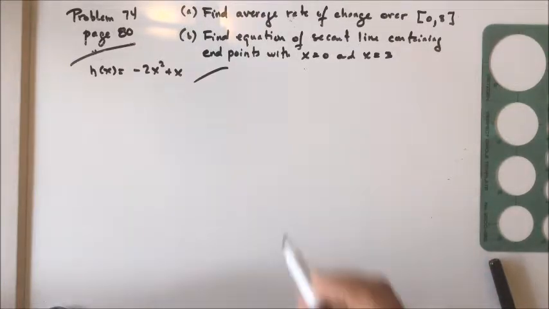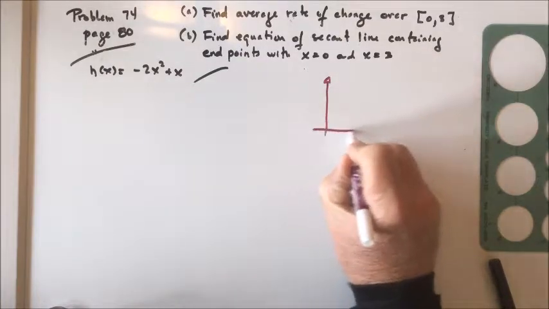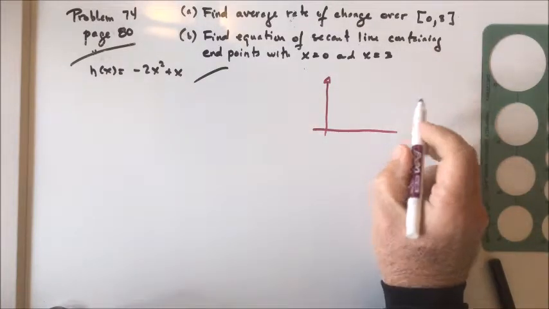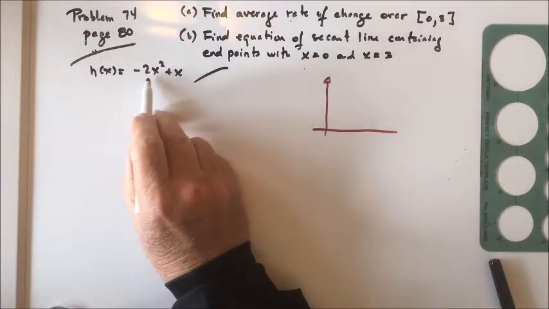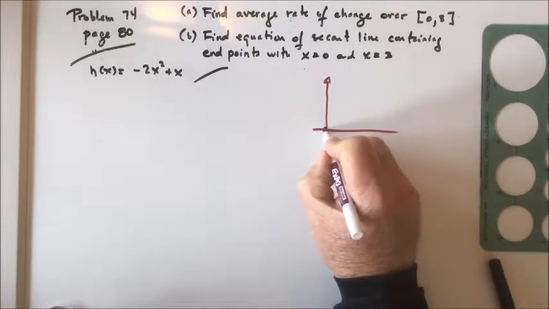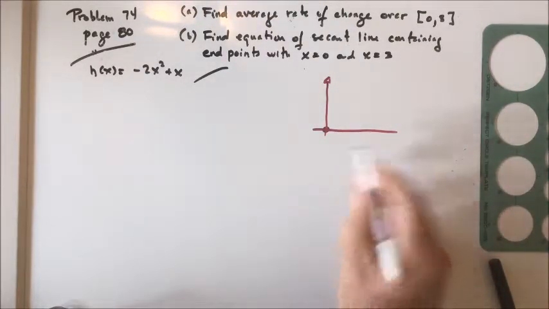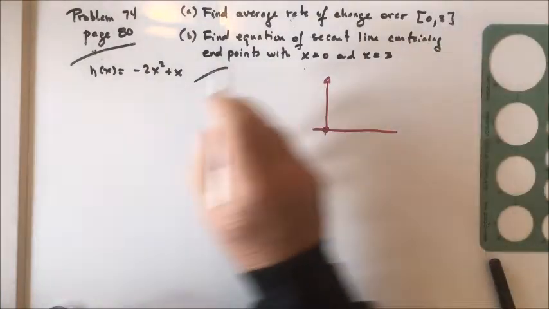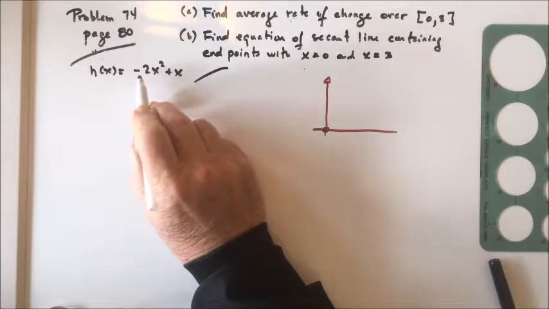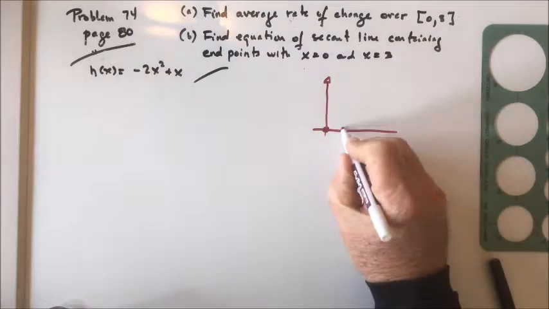So just for a moment, let me quickly sketch this curve. At x equals 0, if I put 0 in, you see that I get 0 plus 0, I get 0. So the origin is a point on this curve. And if I put 3 in, I get 3 squared is 9 times minus 2 is minus 18 plus 3 is minus 15.